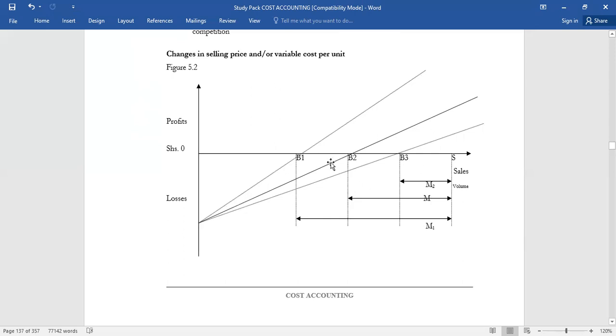So this is my normal curve, and this point is the BEP. I want a situation where my margin of safety will decrease so that I report more profit. If I go below the break-even point, you can see what is happening. My margin of safety is expanding. In other words, I'm more risky.